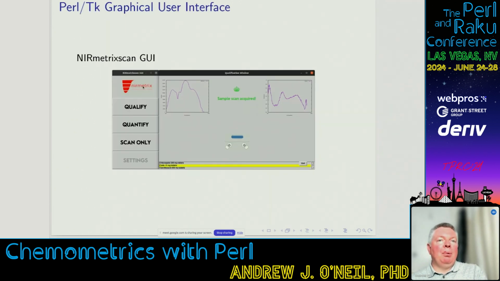So here's an example of the graphical user interface that I produced in Perl. It's basically got two windows. This first window pops up initially, and a lot of things are grayed out until the first thing is done, which is that a scan has to be acquired of the reflectance standard, because the background spectrum in near-infrared spectroscopy depends on things like the temperature of the air and the amount of humidity in it.